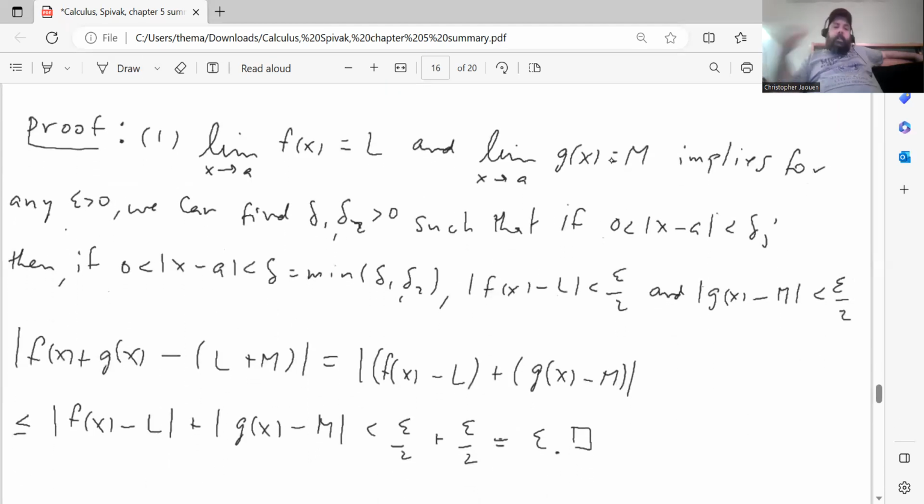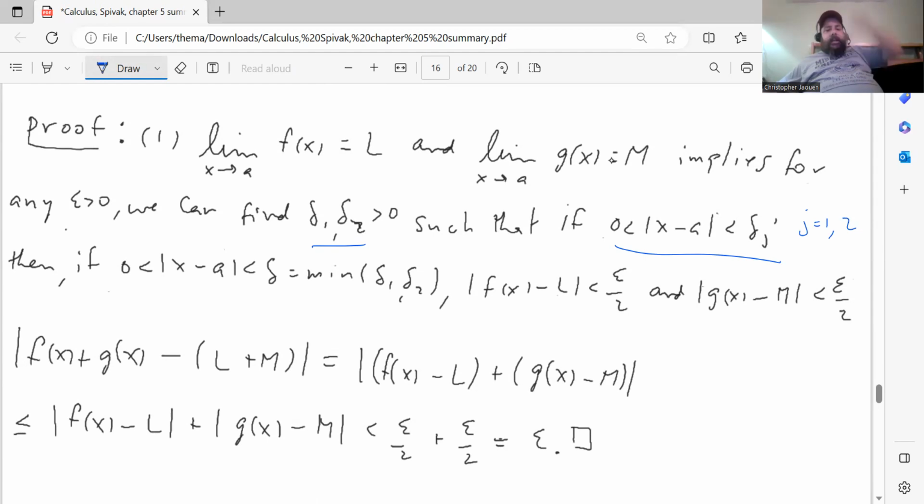All right, so assume that the limit as x goes to A of f of x is L and the limit as x goes to A of g of x equals M. And if that's true, that implies that for any epsilon greater than 0, we can find delta 1, delta 2 greater than 0, such that if 0 is less than absolute x minus A, less than delta j. Here, because there are two deltas, I'm just writing delta j, meaning this holds for j equals 1 or 2.